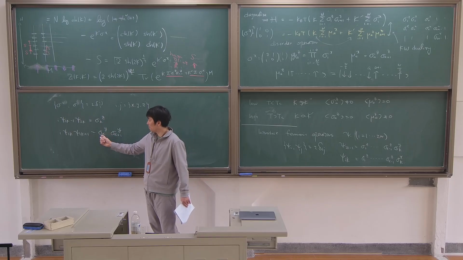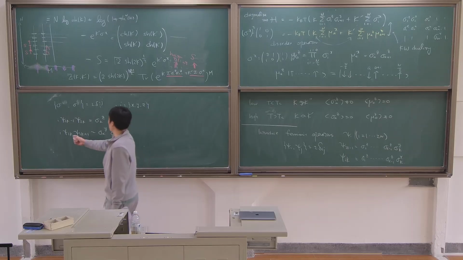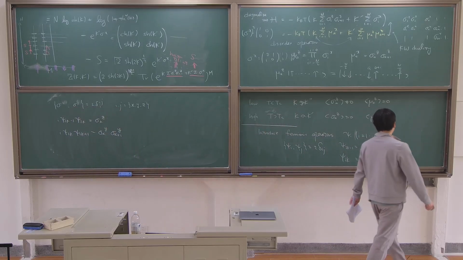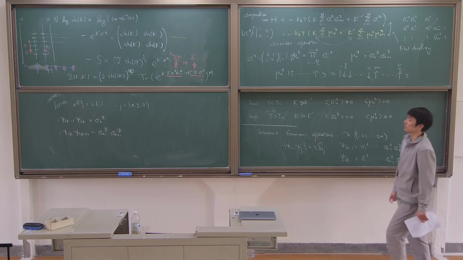And if you have sigma k y and sigma k plus 1 y, so 2k and 2k plus 1, what's important is that sigma z times sigma x will give you sigma y. That's what's really happening here.